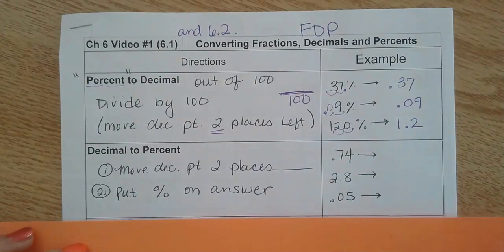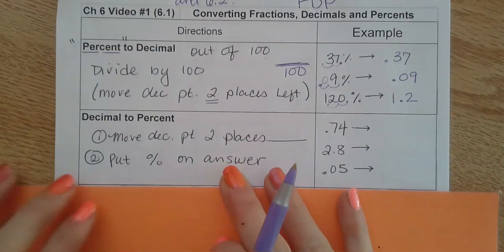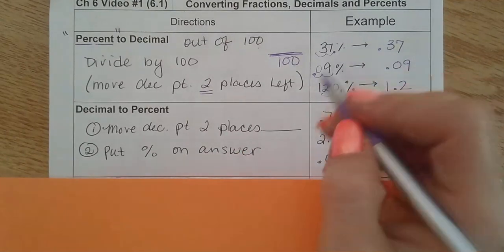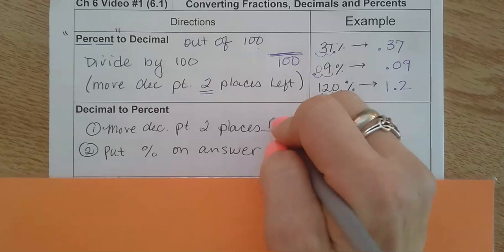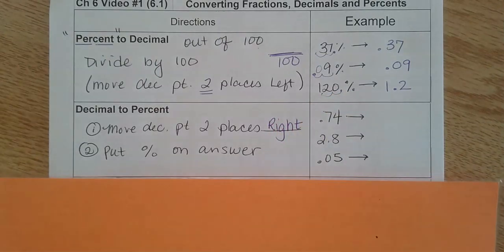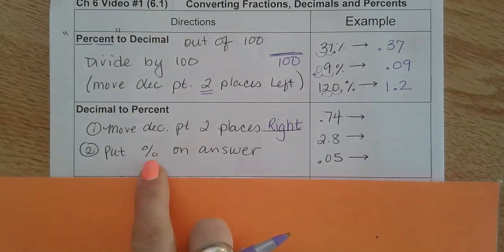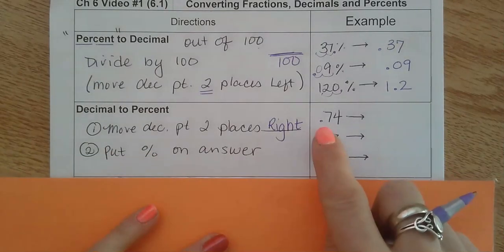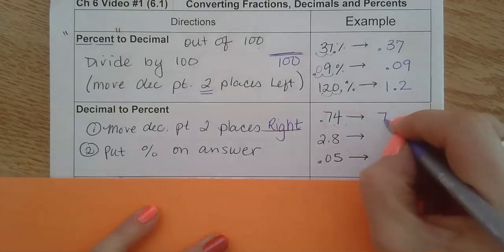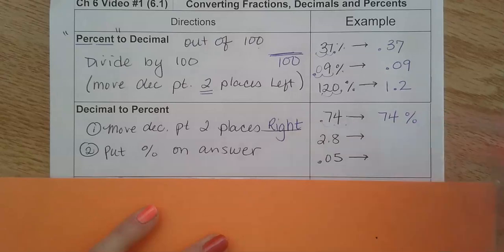Okay, what if I want to take a decimal into a percent? So kind of going backwards from what we just did. Well, now I'm going to move my decimal point 2 places to the right, and then put a percent sign on my answer. So if they give me the decimal 0.74, I'm going to move it 2 places to the right and get 74 and put a percent sign on it.